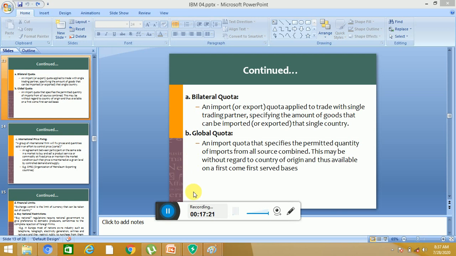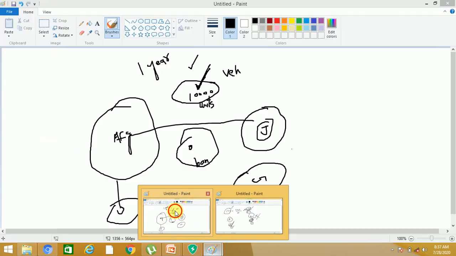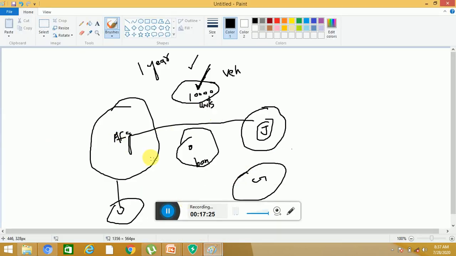Global quota. Now see, this is global quota. For all these countries, Japan, Germany, USA, some other countries, there is a quota that only 30,000 vehicles can be imported to us. So this 30,000 quota is for all these countries.